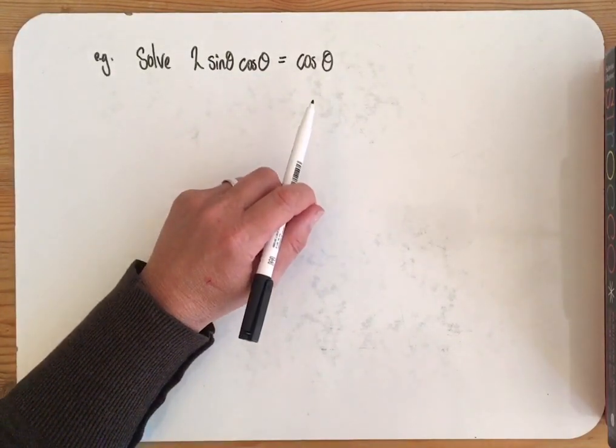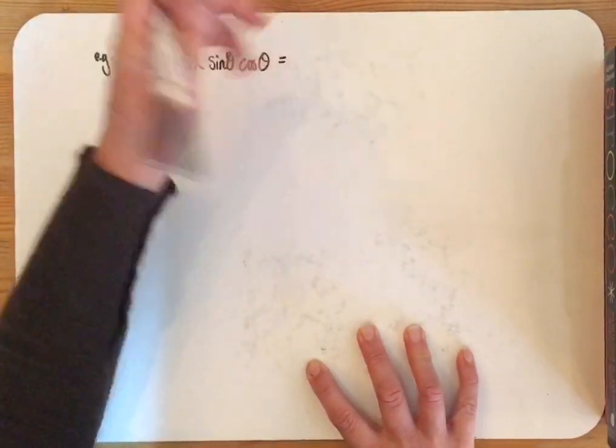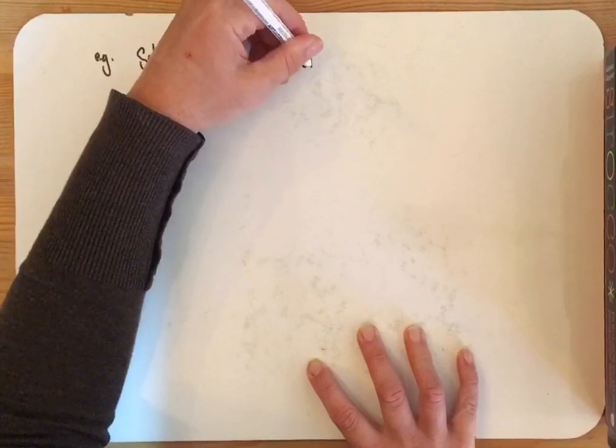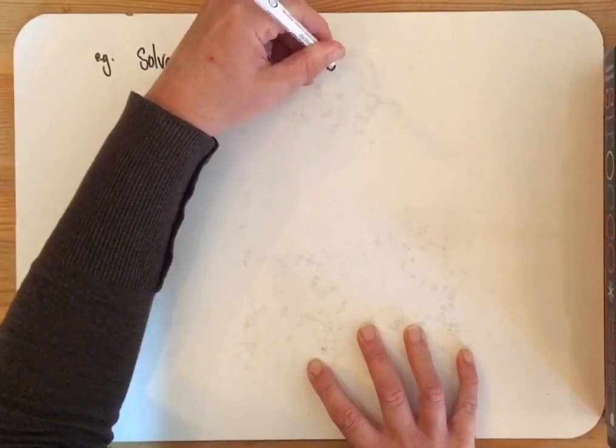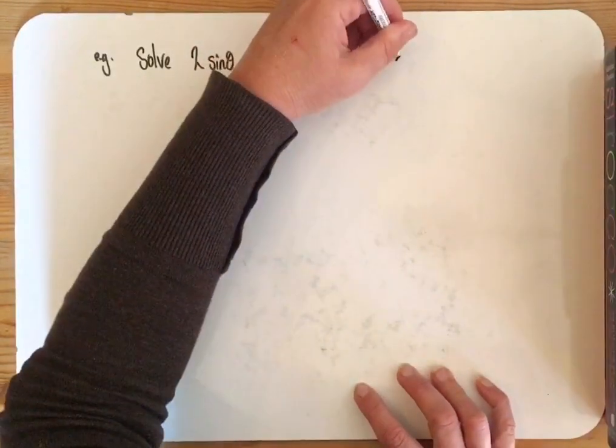Sorry, I'm going to change that to a sine theta. There. And we'll go 0 to 360.